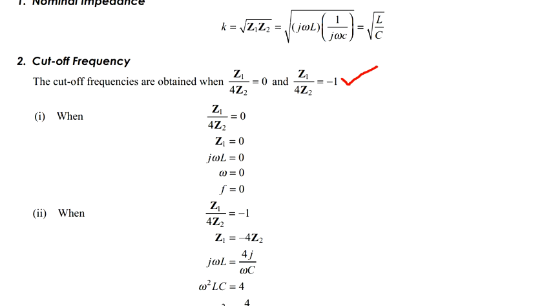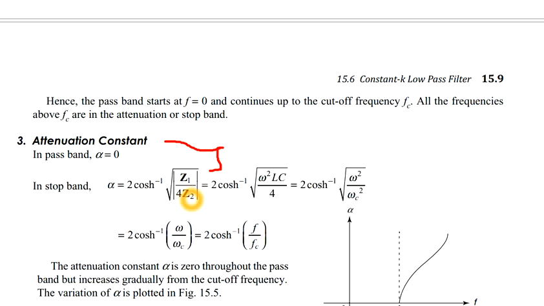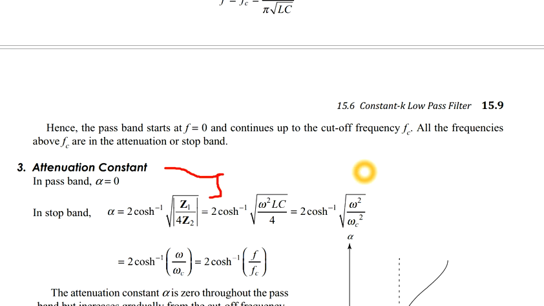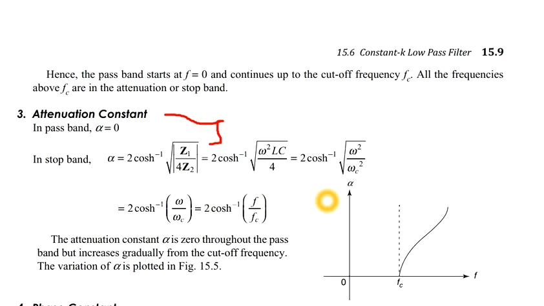If you substitute them, we will get Z1 by 4 Z2, which is omega square LC by 4, because Z1 is omega L and Z2 is 1 by omega C, and 4 is there as it is. So with this you will get 2 cosh inverse of the square root of omega square by omega C square, substituting omega C, which is 2 by root LC.